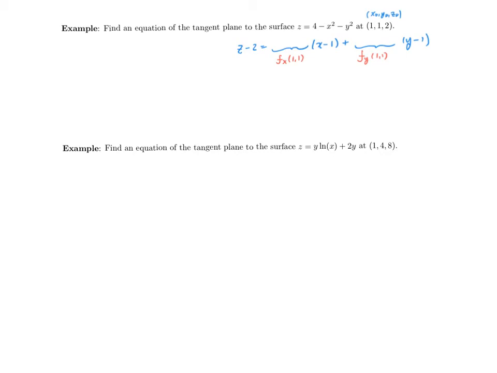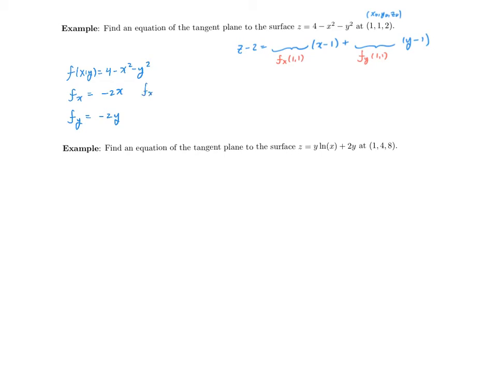So doing some quick computations to the side, our function is given by this quantity which is equal to z, 4 minus x squared minus y squared. So the partial with respect to x, we treat the 4 and the minus y squared as a constant, giving minus 2x. Similarly, the partial with respect to y is minus 2y.